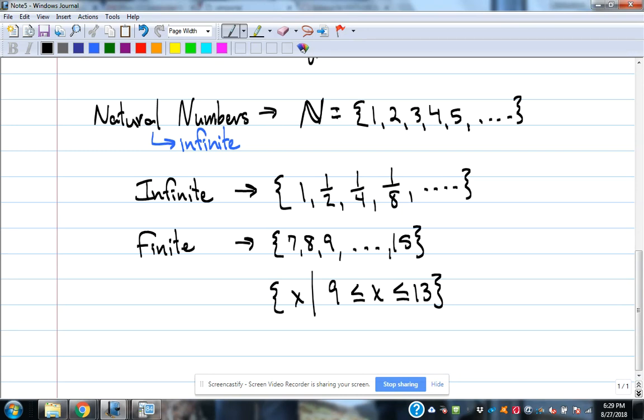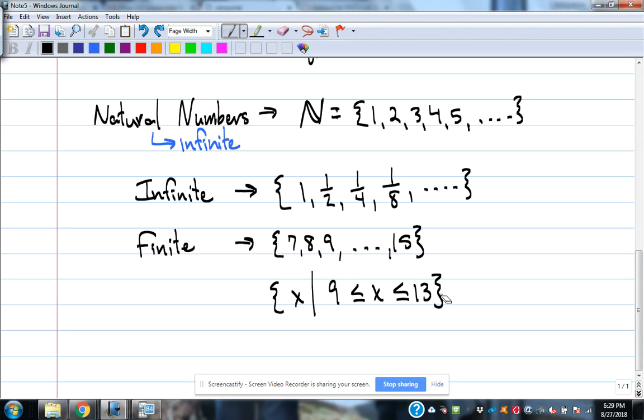Here's how you read it. The X out here in the front is the one that's kind of confusing sometimes. All it means is the variable we're looking at is X. It doesn't really say anything about what X is. The stuff after it tells you everything X is. Mathematically, you read this as: X such that 9 is less than or equal to X is less than or equal to 13.